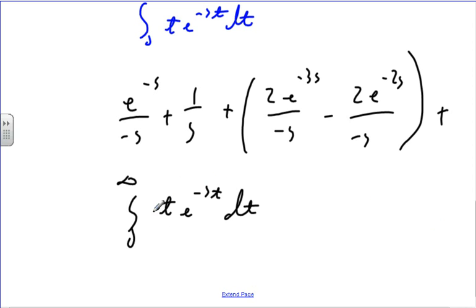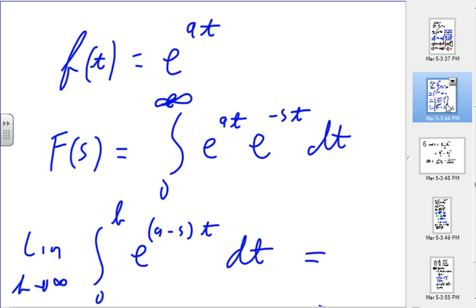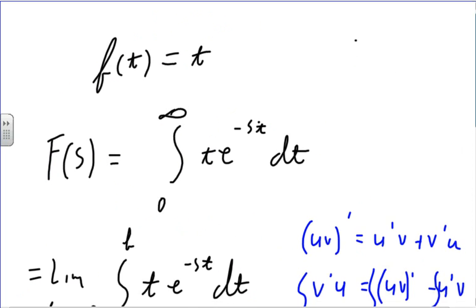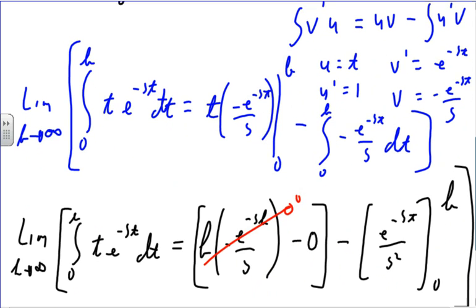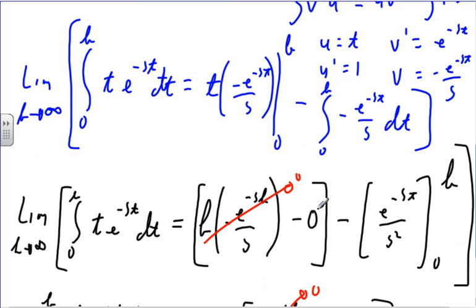Now, I've already done this integral once by integration by parts. It would seem like I should just go get it, right? Can I do that? Where was that? That wasn't here. That was there, right? I've already done it once. So it's t times minus e to the minus st over s.